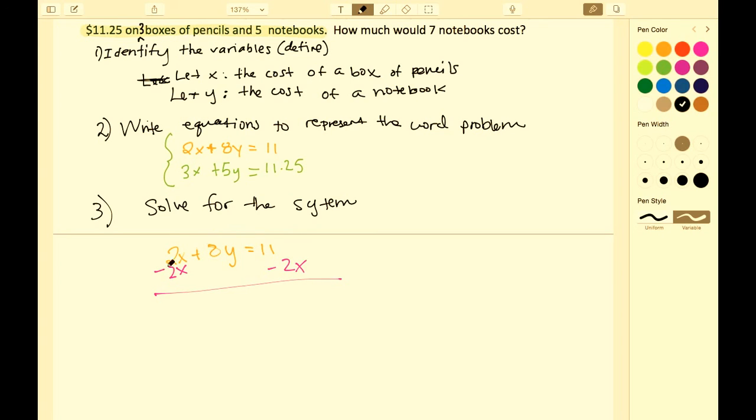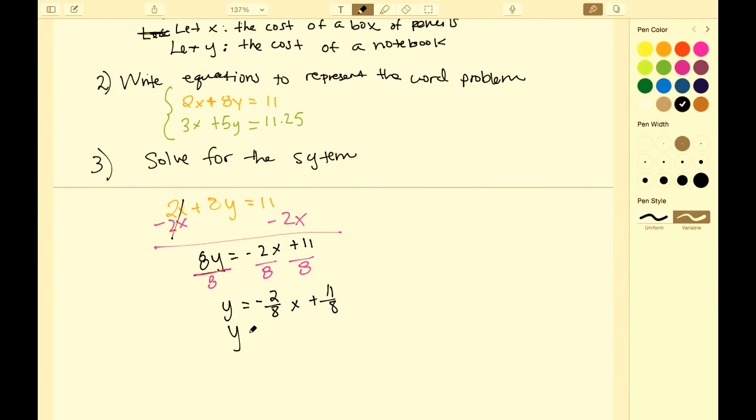All that matters is that you make sure you substitute it back into the other equation correctly. So here we'll get 8y equals negative 2x plus 11. Then we're going to divide by 8, and we'll get y equals negative 2 over 8 x plus 11 over 8. And 2 over 8 will simplify to negative 1/4 x plus 11/8.